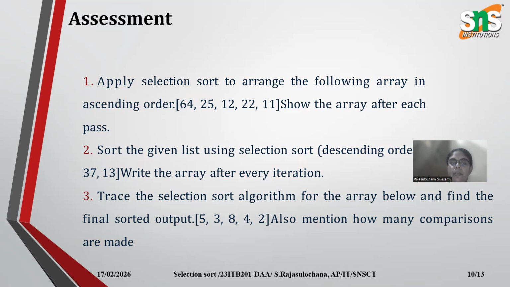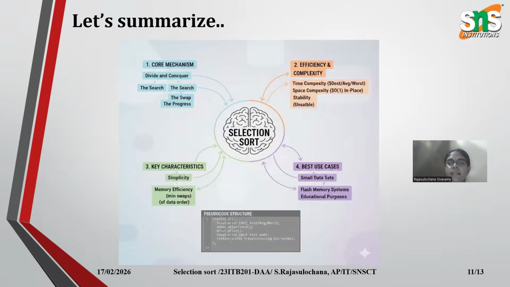Similarly, you apply the selection sort algorithm for the remaining examples given, and you can trace the algorithm to have better understanding. For each example, see how many comparisons are made and how many passes are required. So let us summarize the topic we have seen so far.